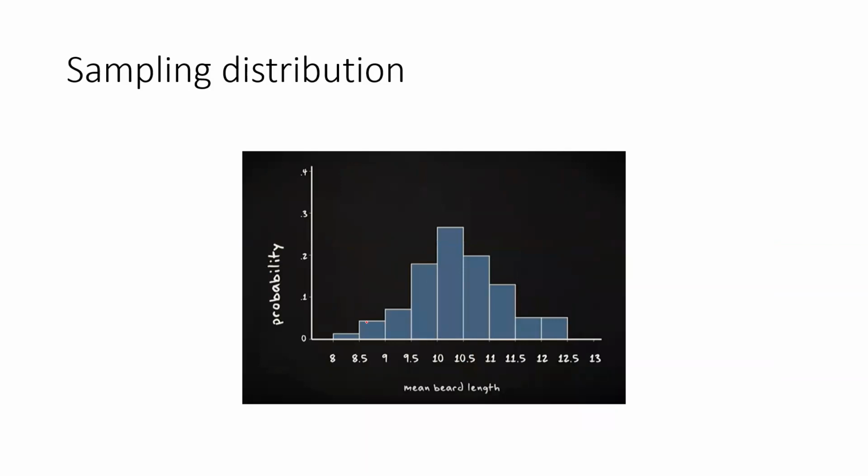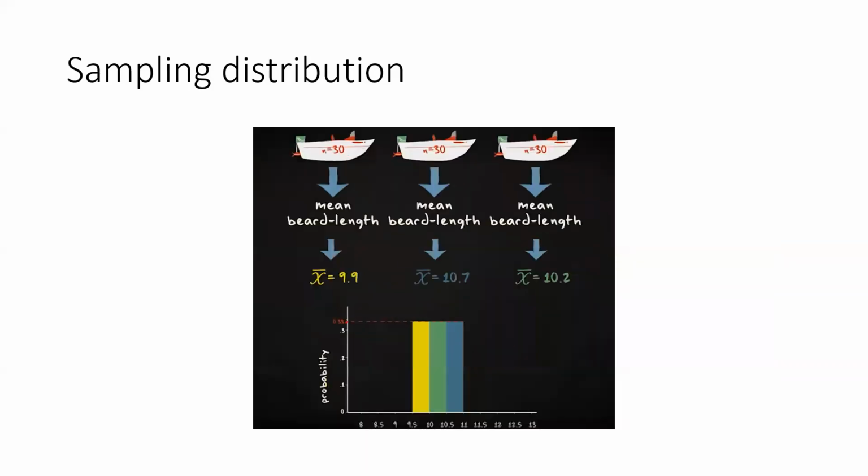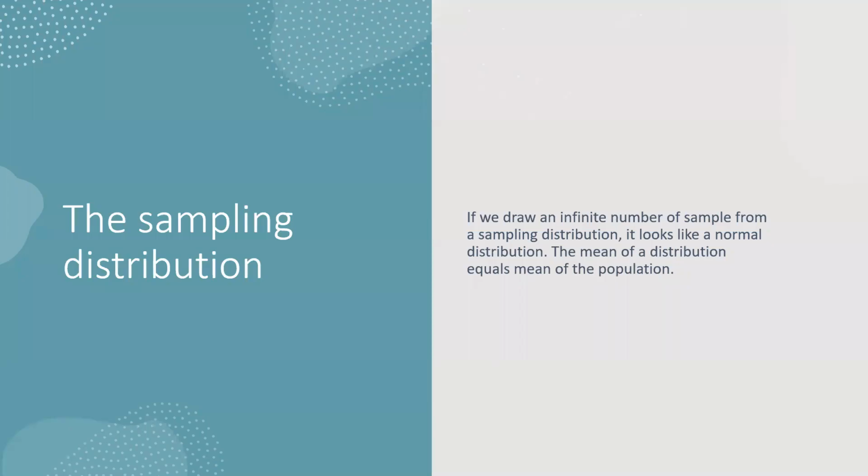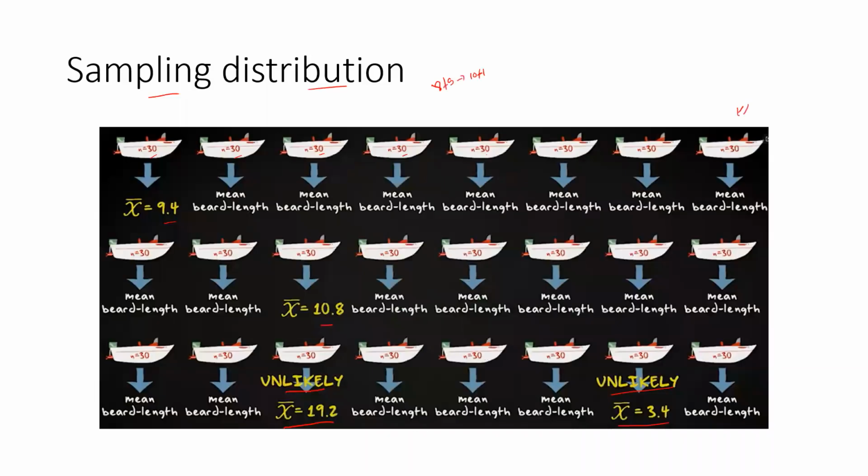It follows something like this distribution, a normal distribution. If we draw an infinite number of samples from a sampling distribution, this is my infinite number of samples. Here we can say my sample is 8 to 24 samples.